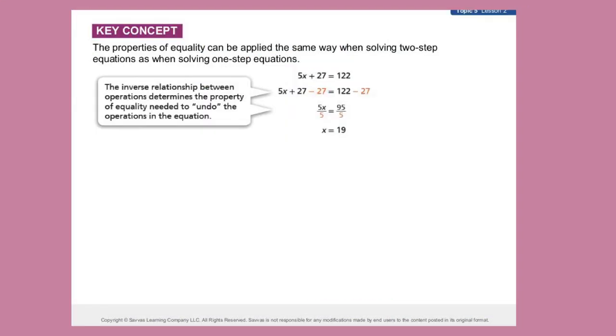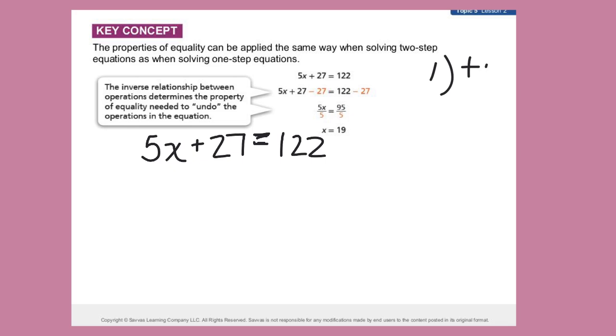All right, this is the key concept on page 272. They write their work horizontally. I like my work vertically, so I'm going to show you the same work, just going a different direction. Step 1, we're going to add or subtract. So you're going to start on the side that has the variable, and you're going to ask yourself, what is the opposite of adding 27?